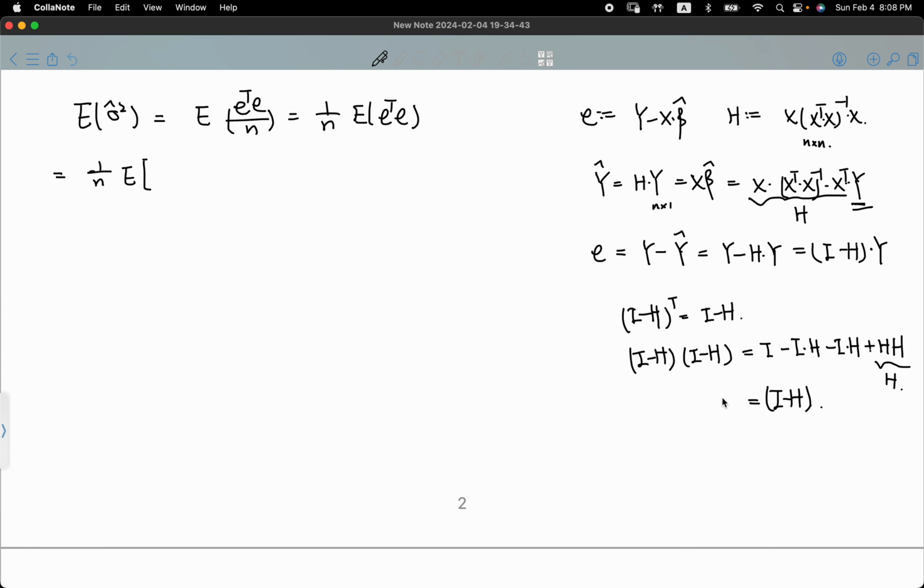Let's continue from the definition. This is the error term as we have specified here, and it's also equal to I minus H multiplied by epsilon.